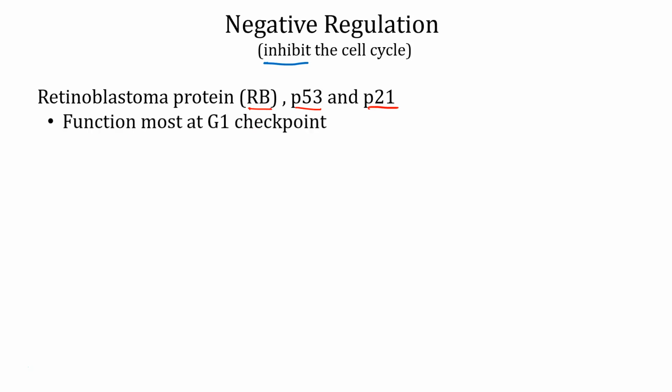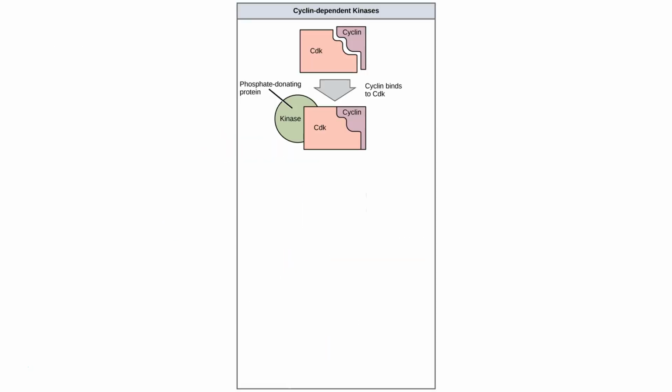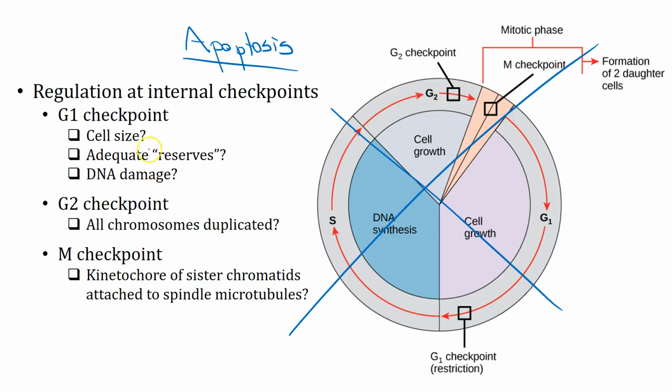Well, in either case, these are going to function most at the G1 checkpoint. And these are the things that are detecting if there's any DNA damage. So earlier when I said that cells are looking to see if there is DNA damage, the molecules that are actually going out and perusing the DNA and responsible for this whole part are going to be mostly these: RB, P53, and P21.